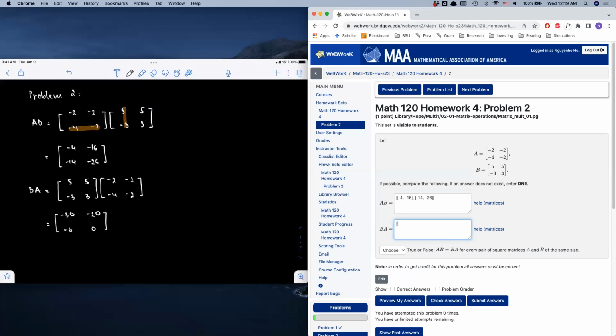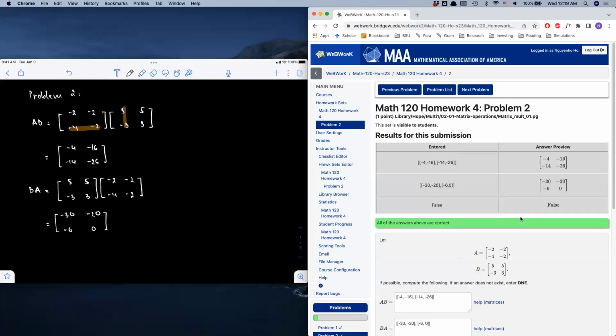For B times A, I get the first row to be -30, -20, and the second row should be -6 and 0. From this calculation, you can see that A times B is different from B times A. So this should be a false statement.